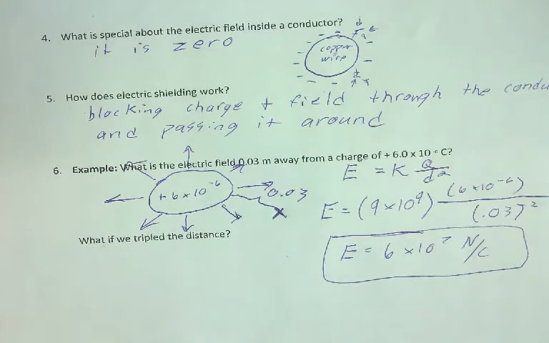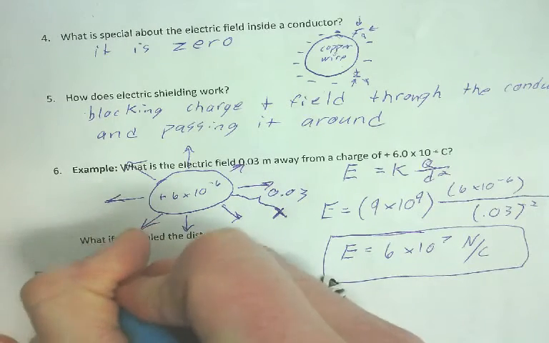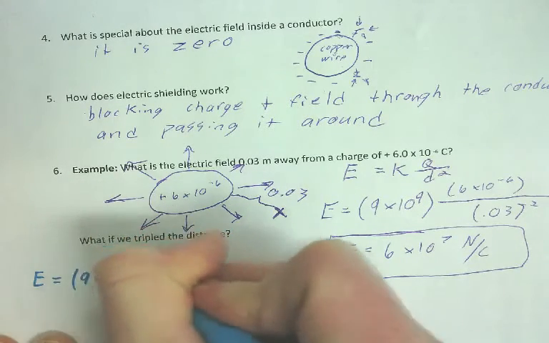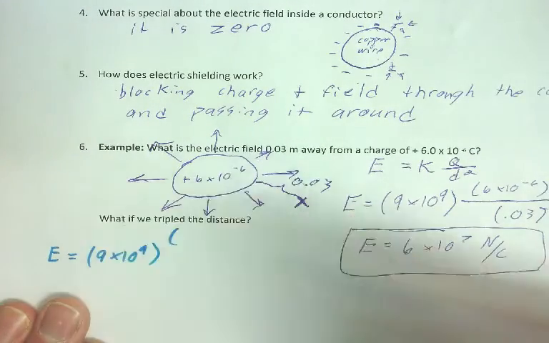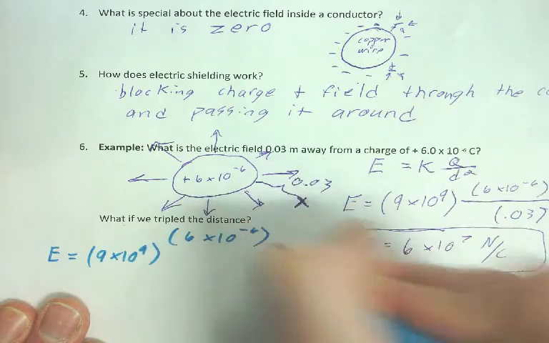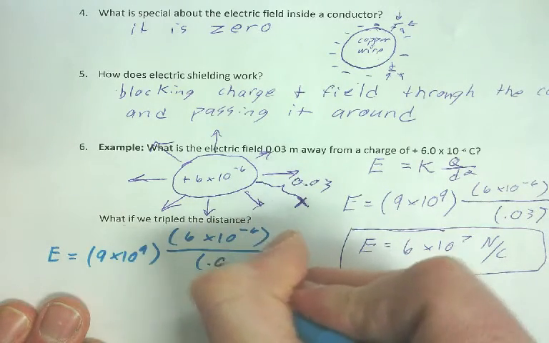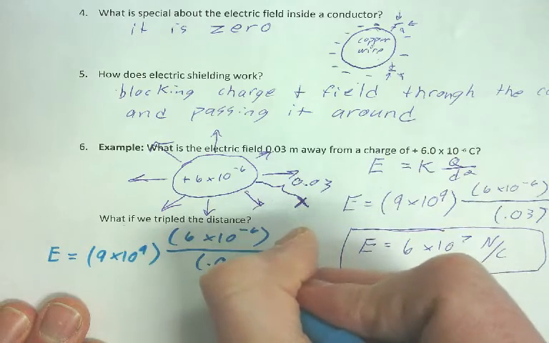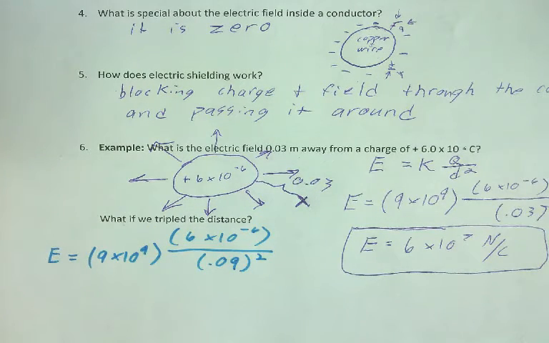If I solve it again, but this time I use a distance that's 3 times further: 9 times 10 to the 9th, times 6 times 10 to the negative 6th, divided by the distance squared. 3 times further is 0.09. And if I solve this one, I get this.